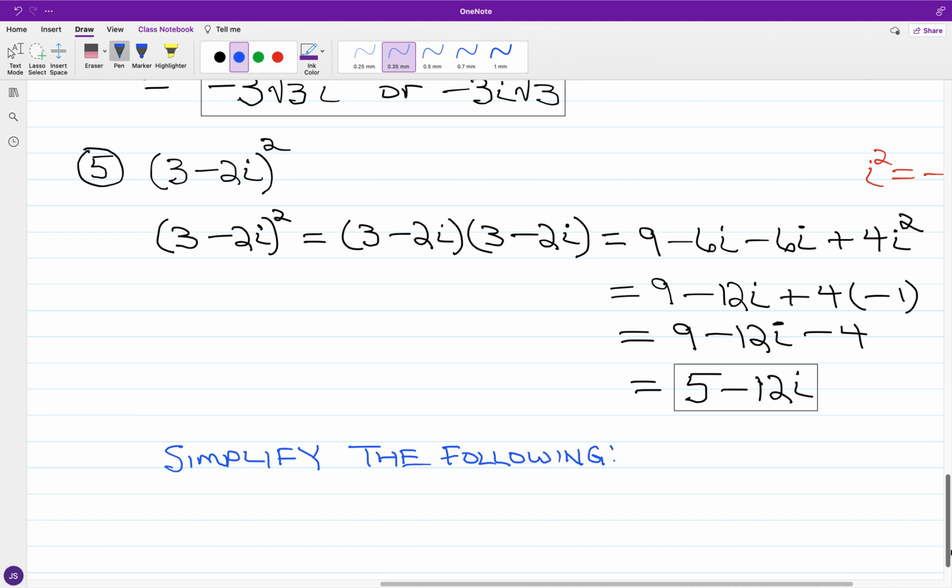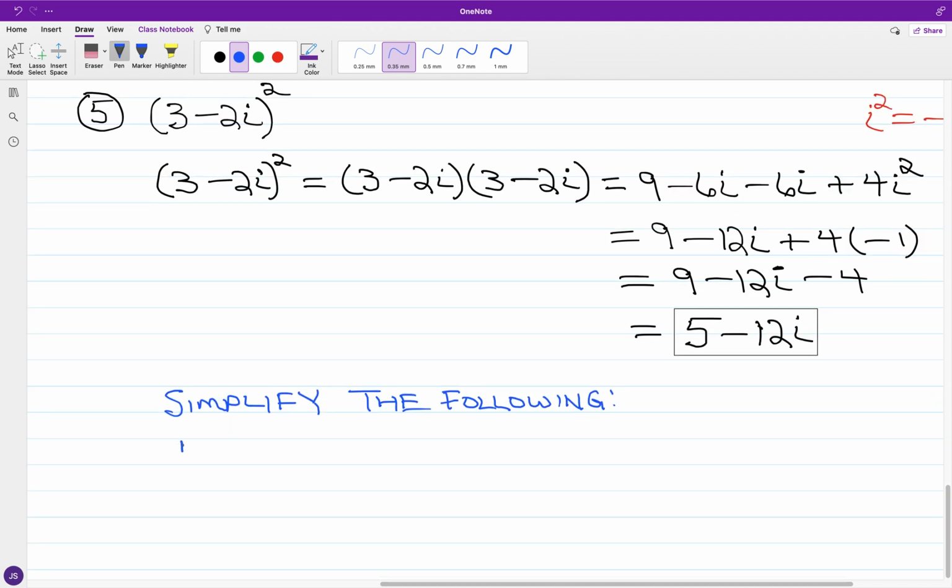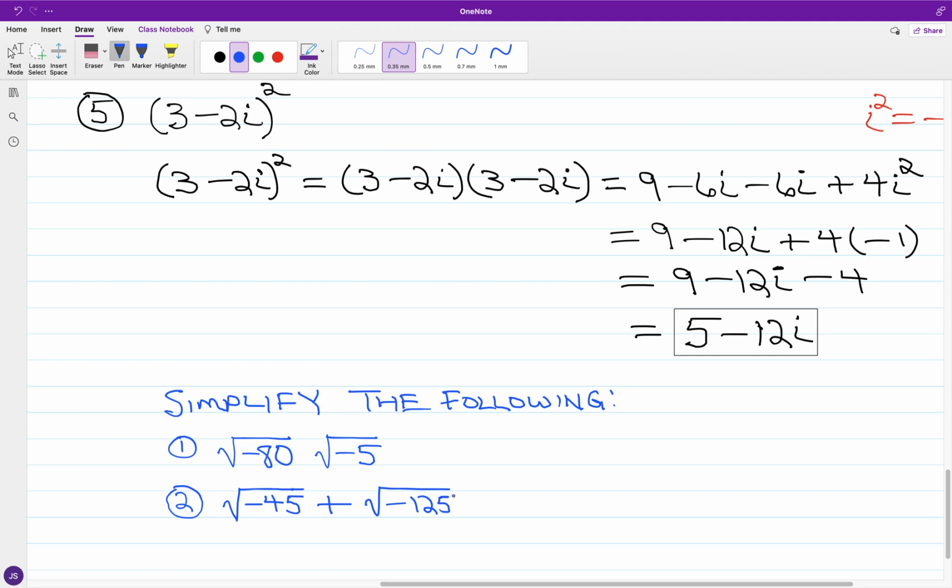So if we look at simplifying the following, let's say we had the square root of negative 80 times the square root of negative 5. Also, let's say in terms of adding radicals, we have the square root of negative 45 plus the square root of negative 125.